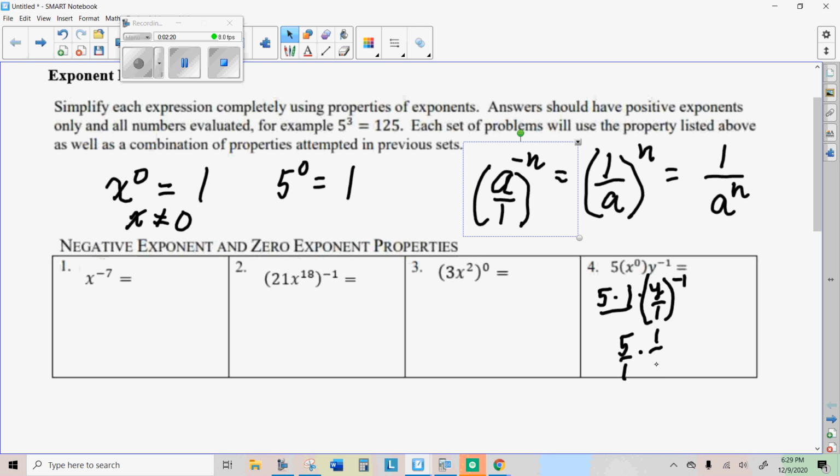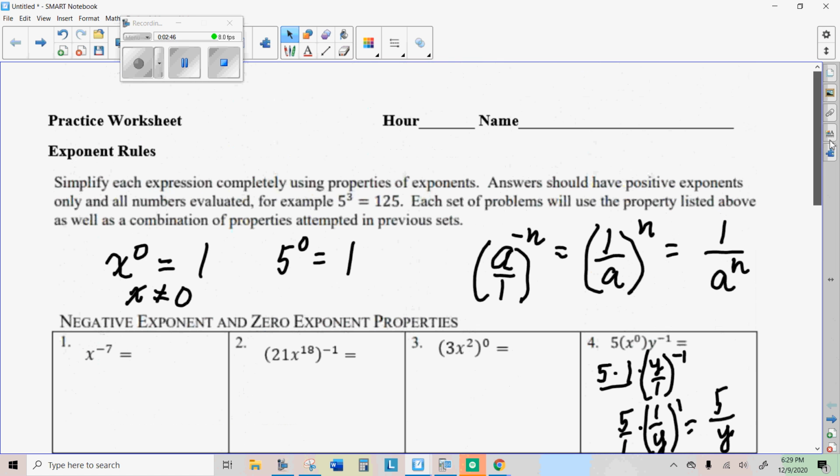And we're going to flip this. And now it's a positive power of 1. And so we have 5 times 1 on top, because 1 to the first is just 1, which is 5. And on the bottom, we have y to the first also. And 1 times y is just y. So the answer to that one is 5 over y.